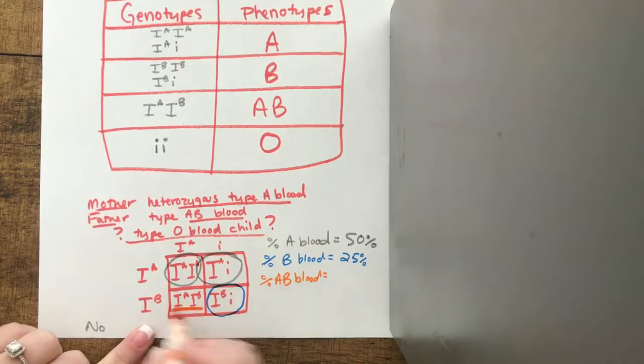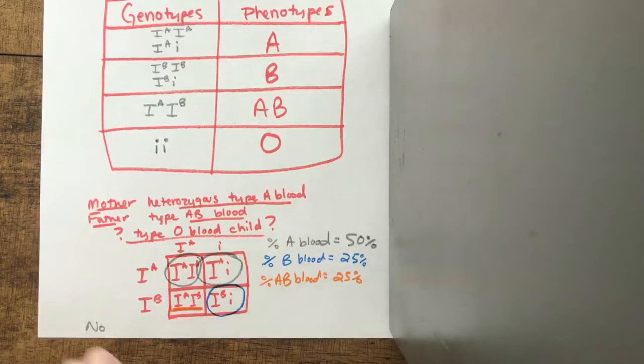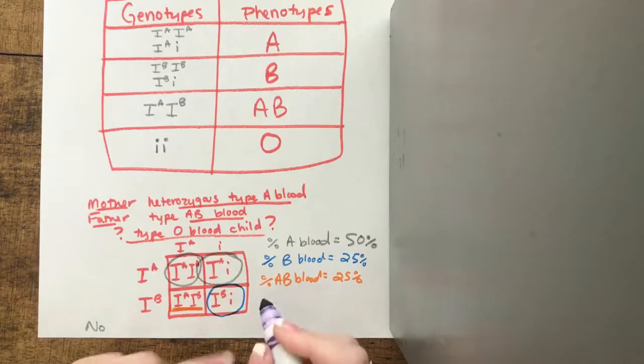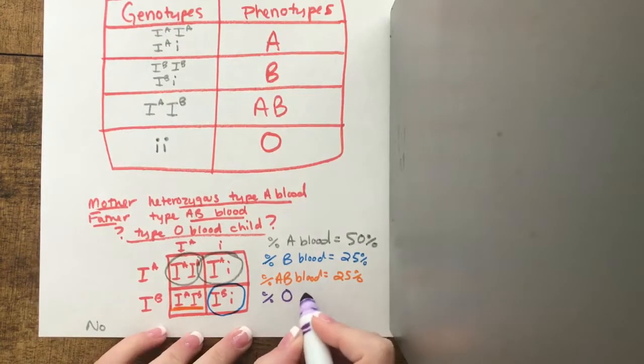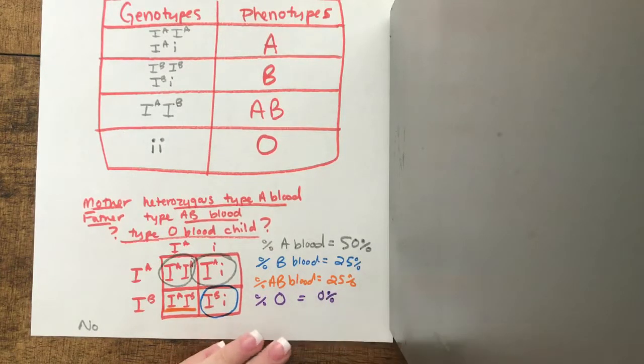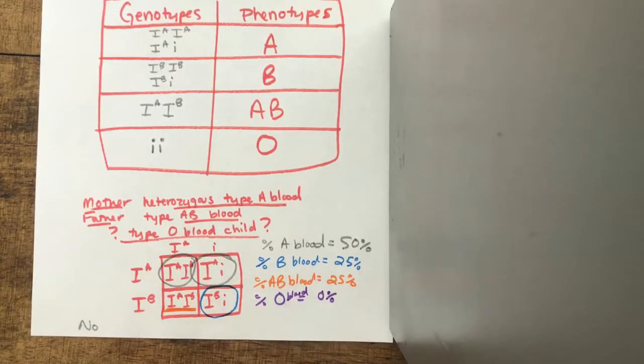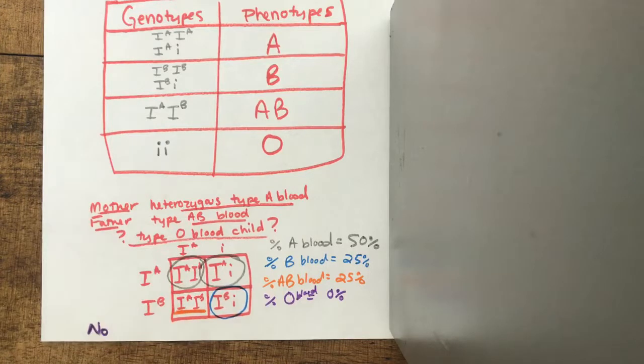This is the only one with AB blood, so that's another 25%. And so the percent with type O is 0%. Percent with type O blood is 0%. So no, it's not possible to make a child with type O blood.